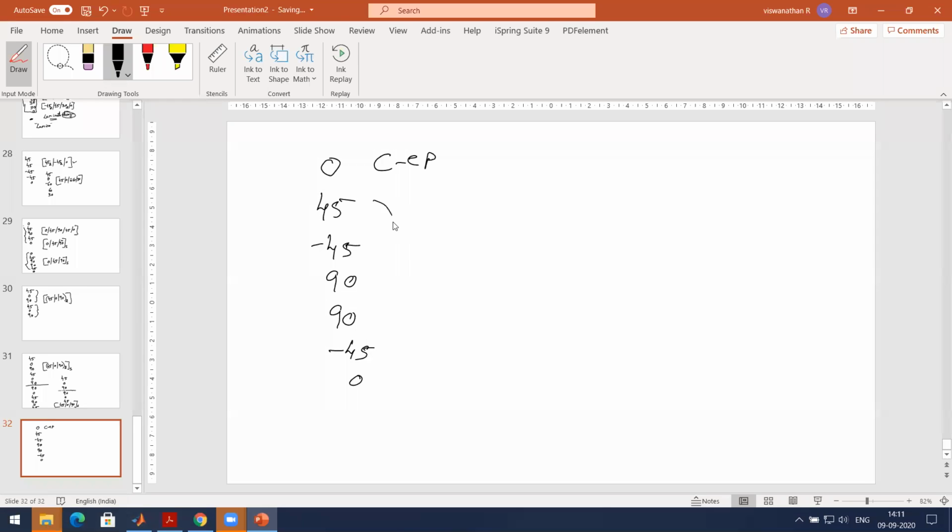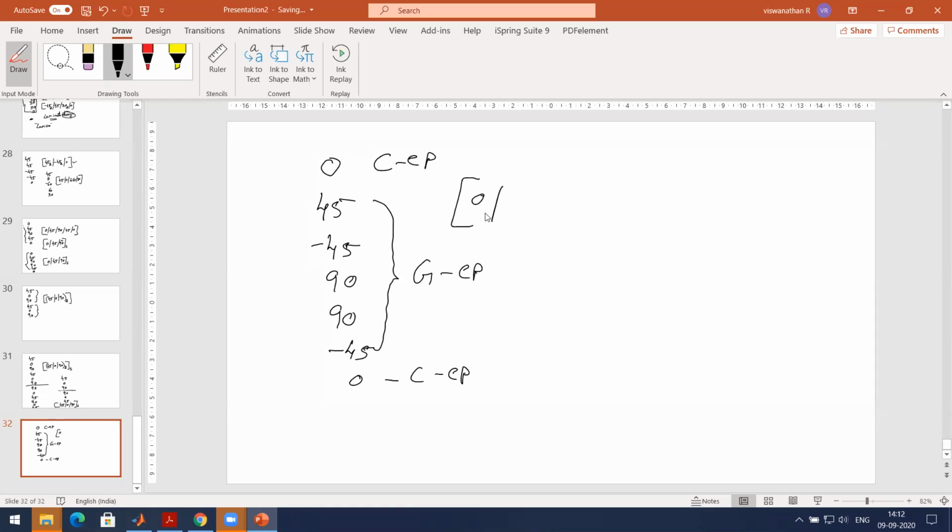This whole middle part is made of, say, glass fibers and epoxy, and the 0 again is made of carbon and epoxy. So the top and the bottom layers are made up of carbon fibers and epoxy, and the in-between layers are made of glass fibers. So how do you write this?